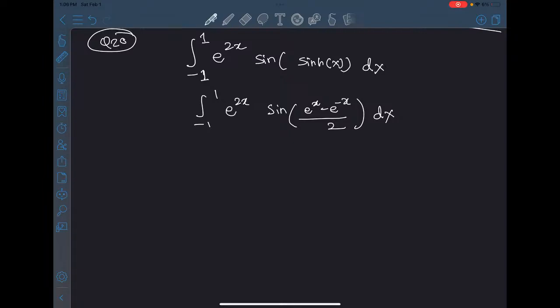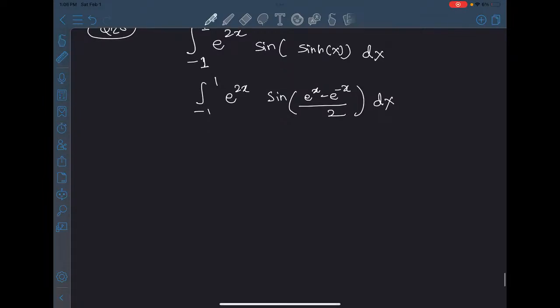And now, should I make a substitution that e to the power x is just y? Hmm. Okay. So minus 1 to 1 e to the power 2x sine of e to the power x minus e to the power minus x by 2 times e to the power x dx, right?